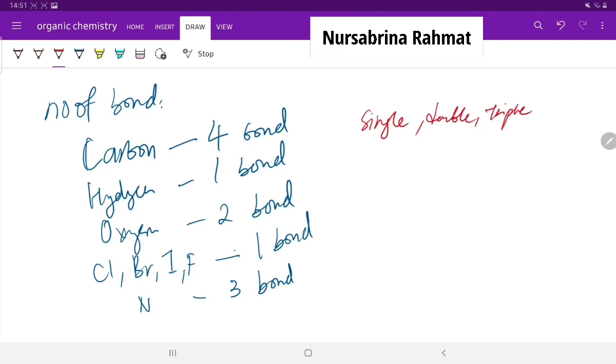So how do we calculate the number of bonds? For example, if I have this carbon attached to another carbon, this one is the first bond, a single bond. That means in order to complete the structure, I'm going to fill up with another atom here, and so on.